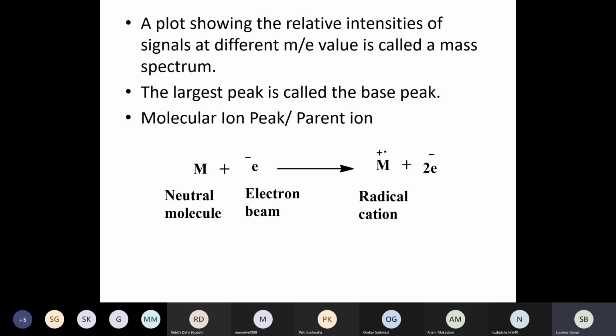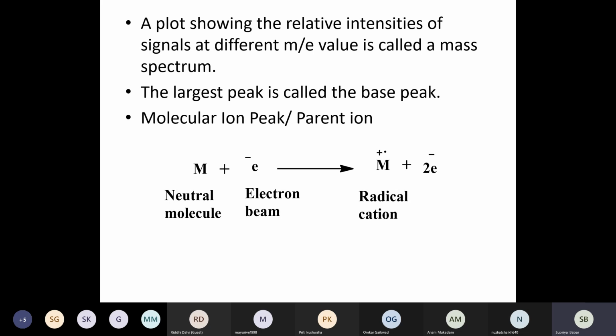So you can see the energy: sigma electrons require the higher energy. Then come the non-conjugated pi electrons, then the conjugated pi electrons, and then the lone pair electrons.